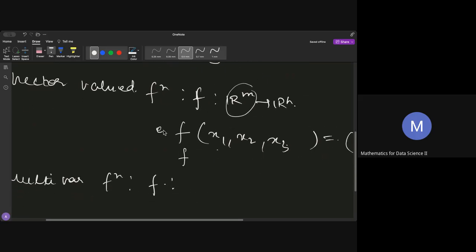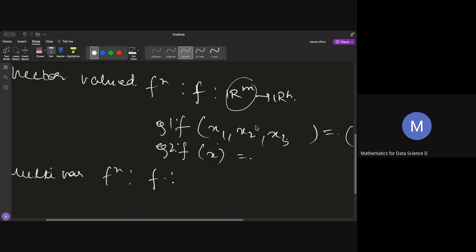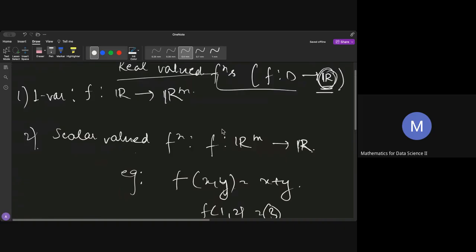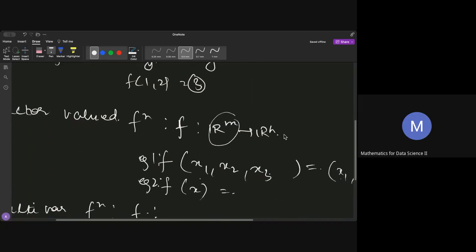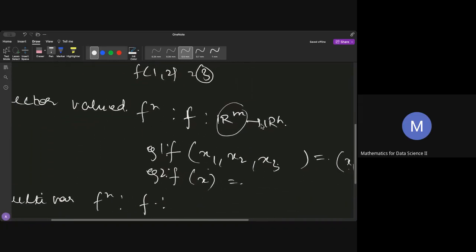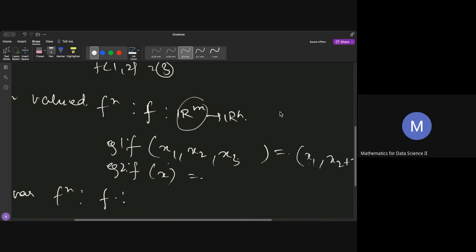One thing that I didn't mention is, for a scalar valued function, you should have one here. You cannot have anything else. For a vector valued function, even if you have one here, that's also a vector valued function. So Rm to R1 is also a vector valued function. Rm to R10 is also a vector valued function. All of it is fine.